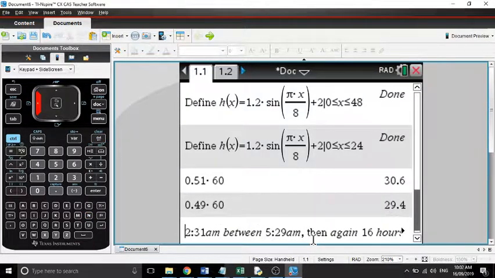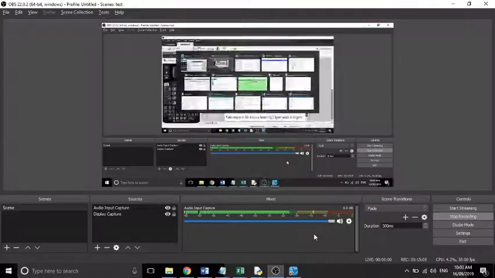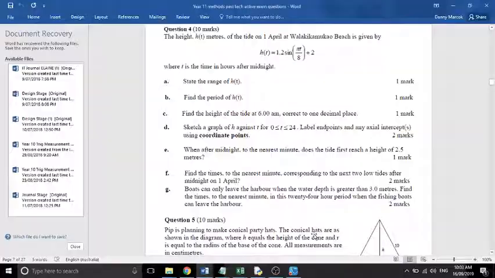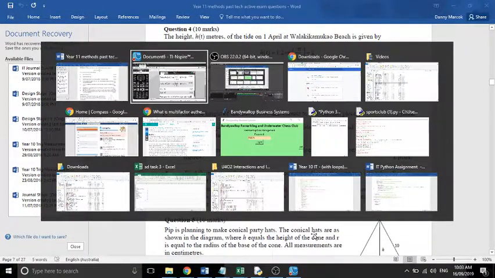So they can leave the harbour between 2:31 a.m. and 5:29 a.m. Then again between 6:31 and 9:29 p.m. And that's it for that question.